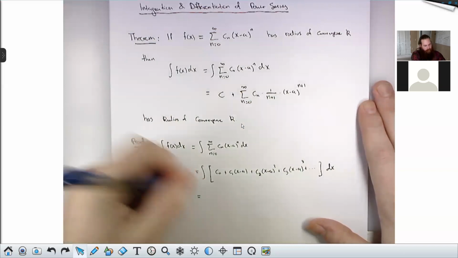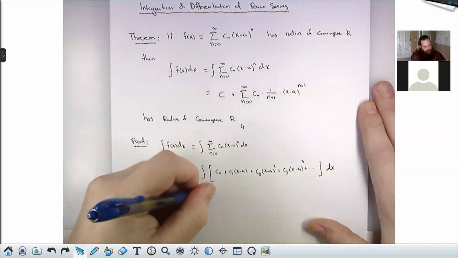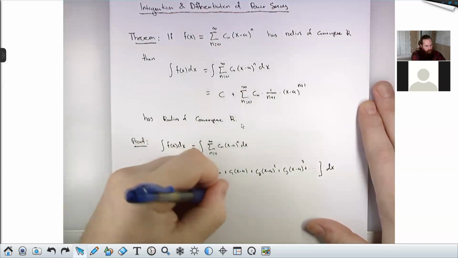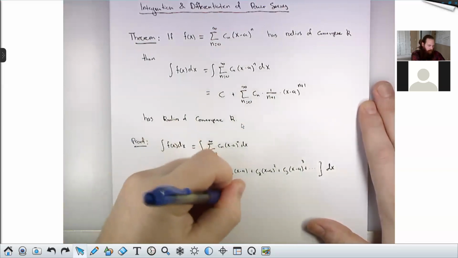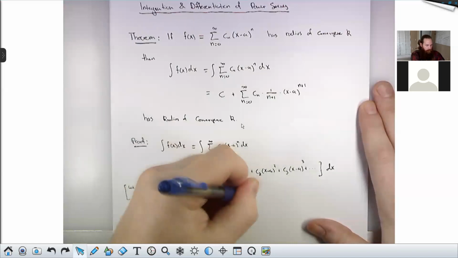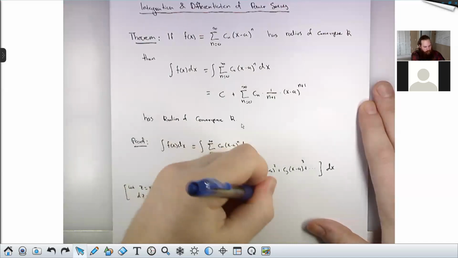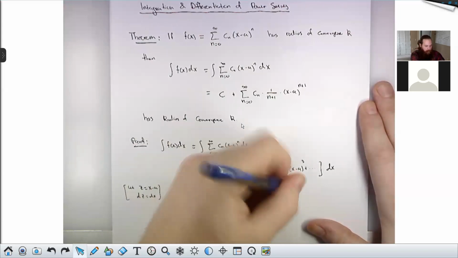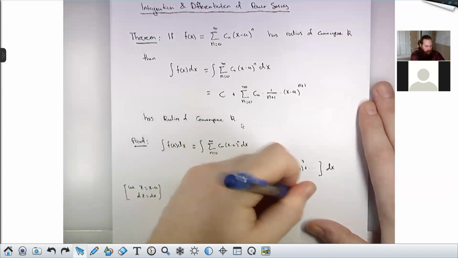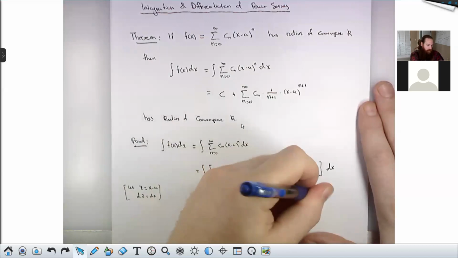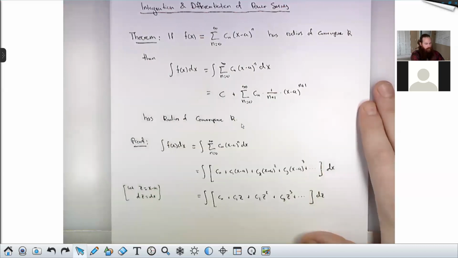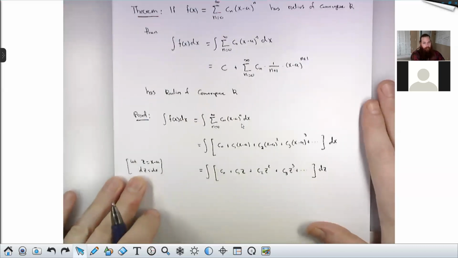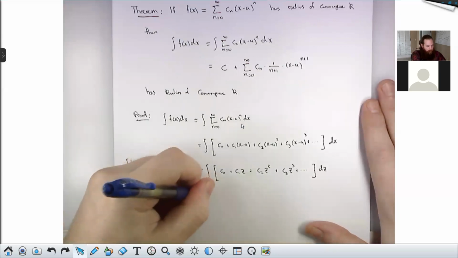And I get the integral of c0 plus c1z plus c2z squared plus c3z cubed and so on, dz. And then I split the integral up.